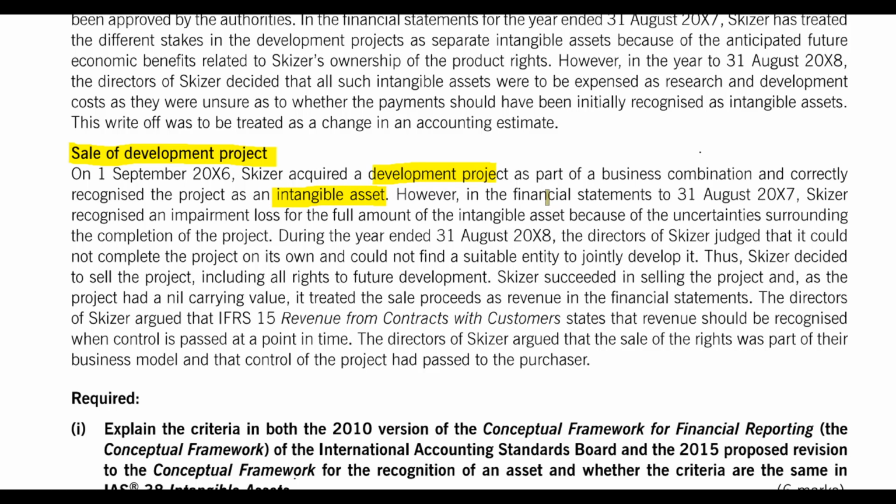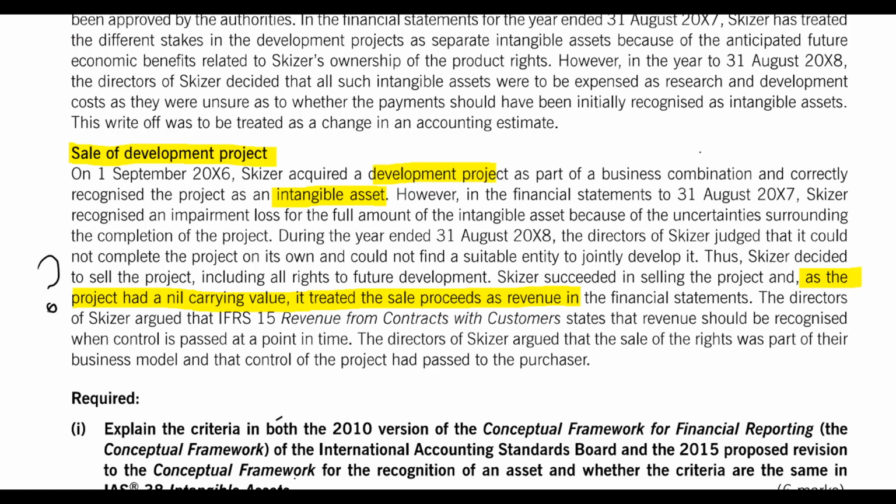Now, it seems to have suffered an impairment loss. They don't think they can develop it. They can't find a joint venture. They write it off, but they decided then to sell the project. And they succeeded in selling the project. And as the project had a nil carrying value, it treated the sale proceeds as revenue.